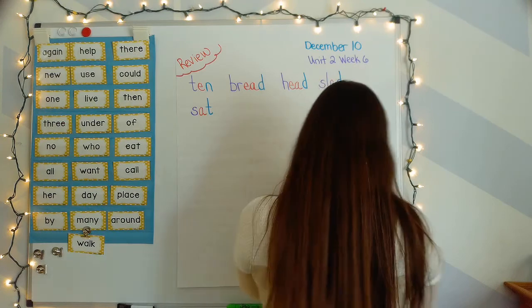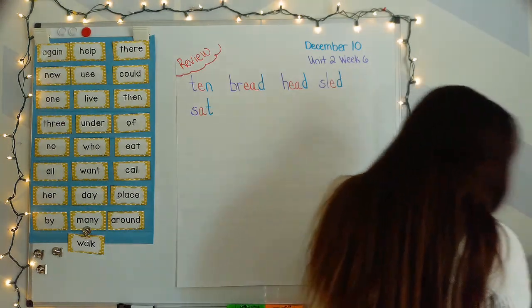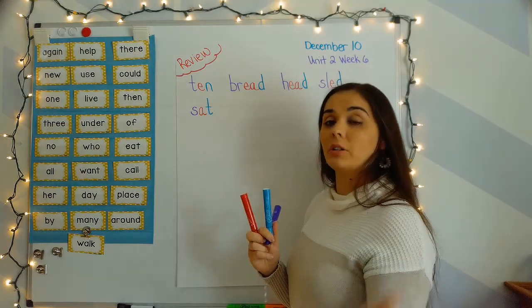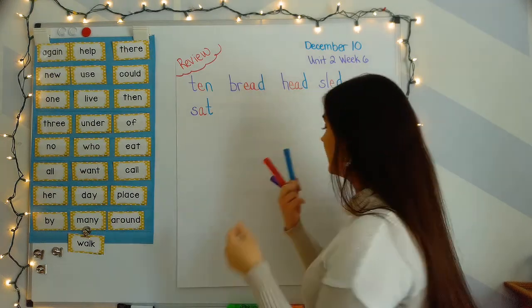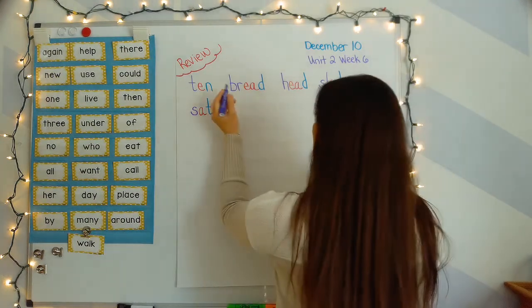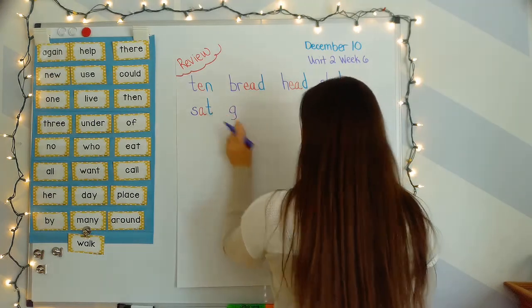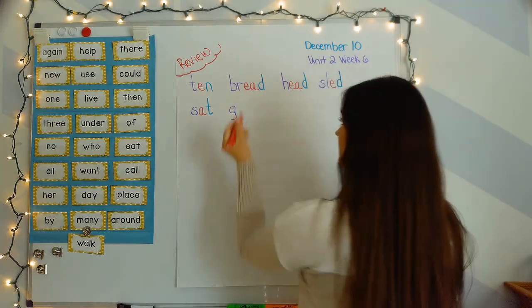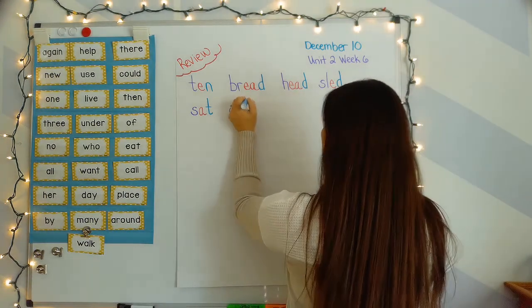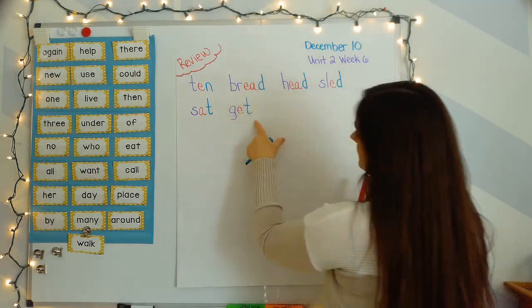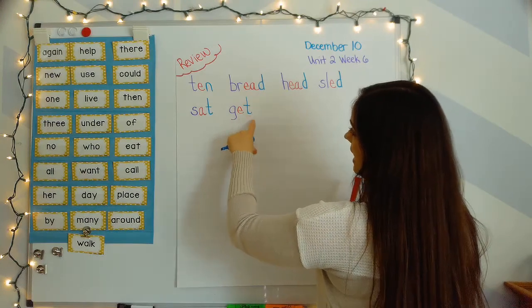At, sat. Next word. Get. Your turn. G says ga. E says eh. T says ta. Ga, et. Get.